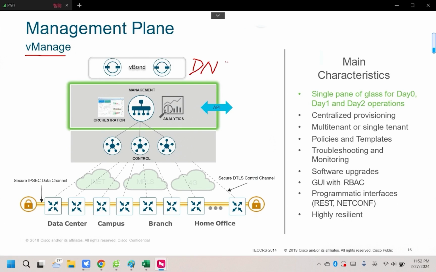Just like when we access a website, we need to find the site. We rely on DNS. Here, our vbond acts like DNS. We can see our edge has configuration updates and routing updates that need to be forwarded through vsmart. This is a function of vsmart.